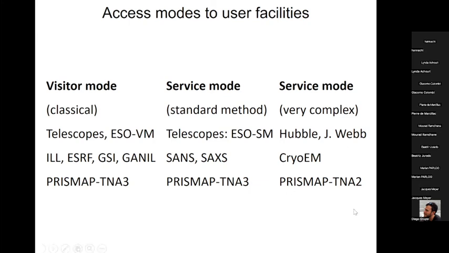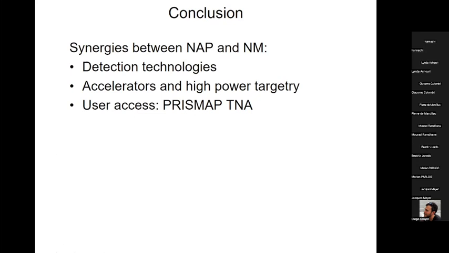And similarly, for radioisotope production, it would take ages to get the training to be allowed to go into a nuclear reactor or into the target zone of a cyclotron. So here it's much better that it's the facility people who know how to operate it, to ship it out to the user.